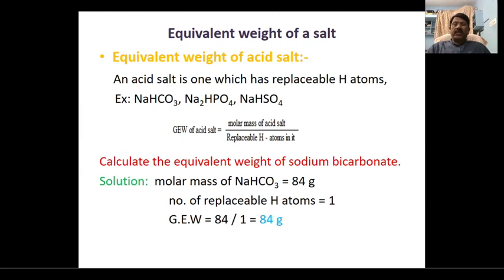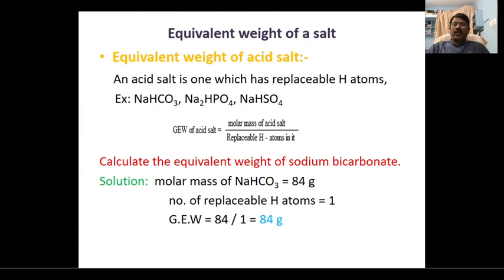If you come to the actual topic of the session, equivalent weight of salt. Now equivalent weight of salt, under that we have acid salts. Under acid salt, it is defined as: an acid salt is one which has replaceable hydrogen atoms.